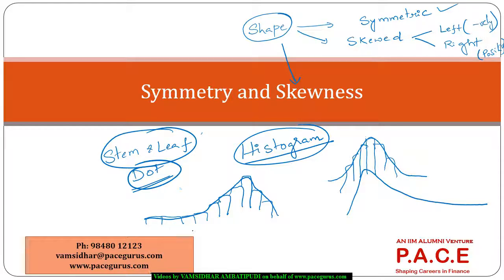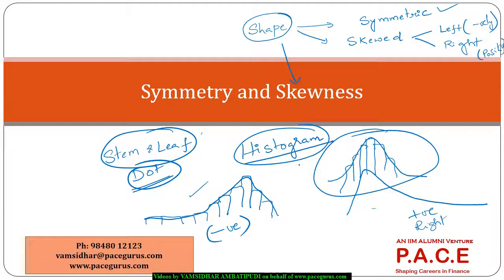Typically, negatively skewed or left skewed data, the histogram will look more like this. For positively skewed or right skewed data, the histogram or stem and leaf plot will look more like this. And for symmetrical data, the histogram will look more or less like this.